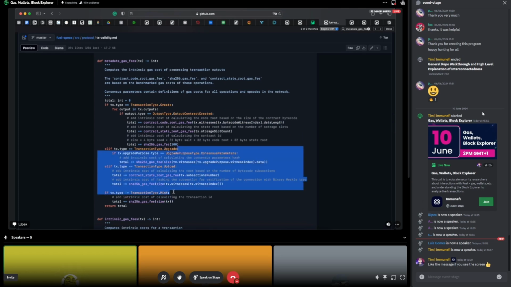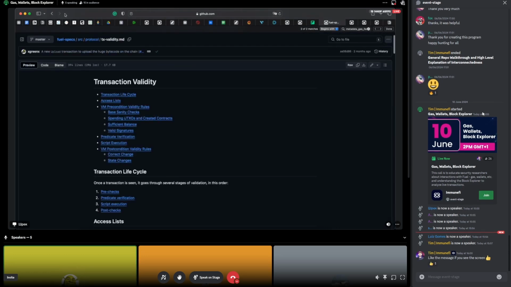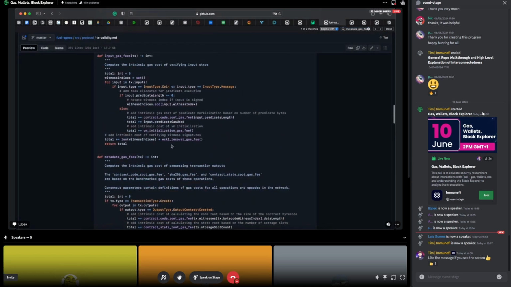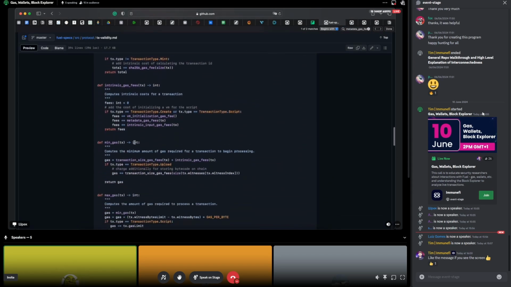And here also metadata for different other types. In the case of a script, we don't have any metadata, so we don't need to charge for that. What else do we have? VM initialization, and some metadata that we calculate once, and later it is used everywhere during validation of your transaction.